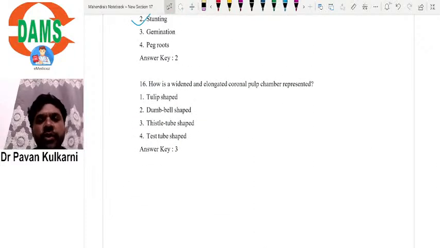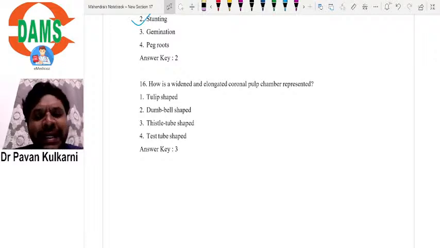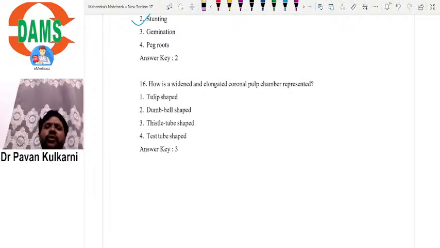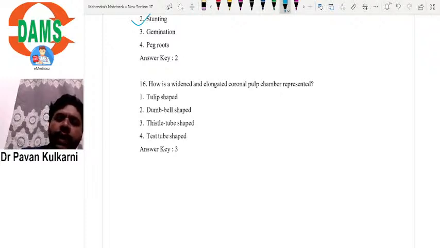Coming to the last question for the subject of oral pathology: how is a widened and elongated coronal pulp chamber represented? The question is a bit incomplete. They want to ask it in dentine dysplasia. So in dentine dysplasia, how is the enlarged coronal pulp described?